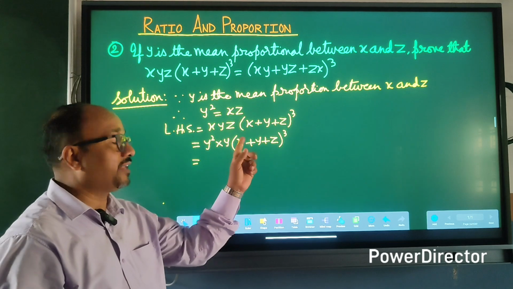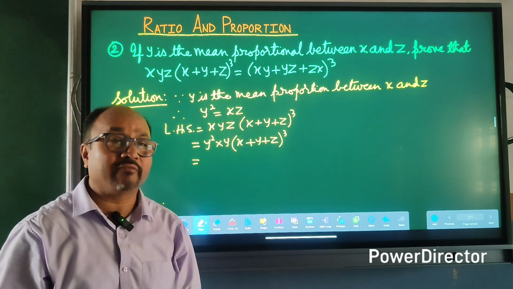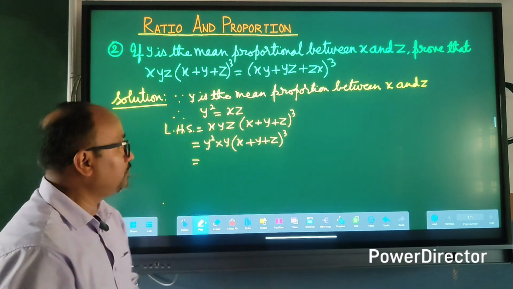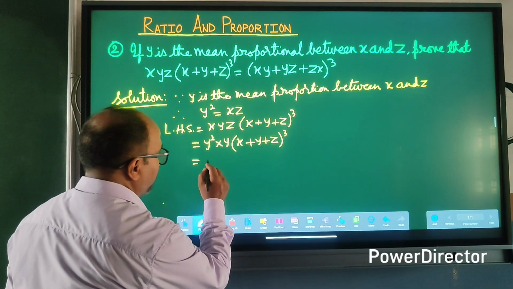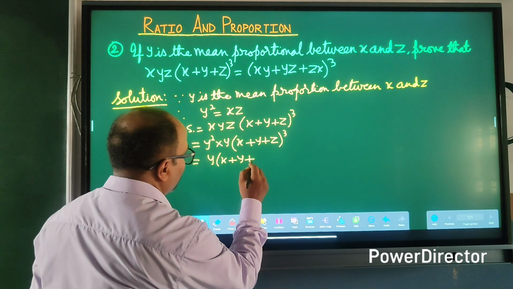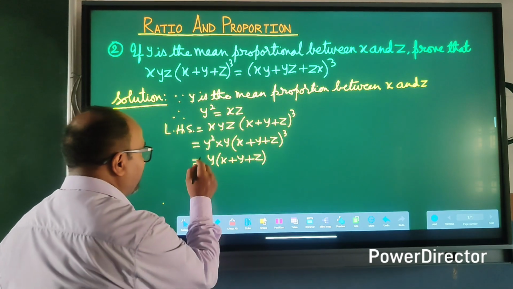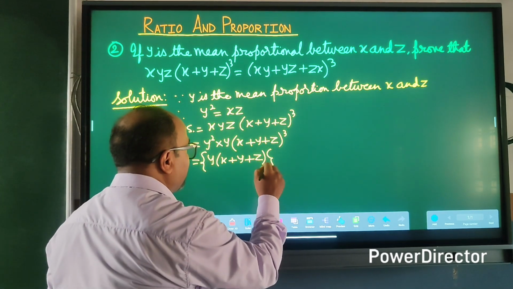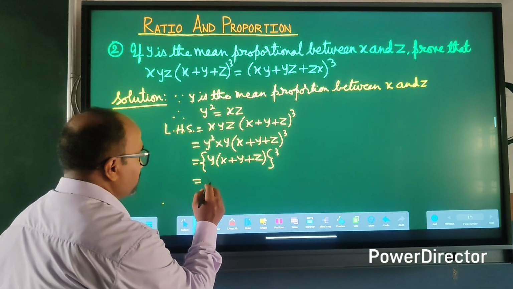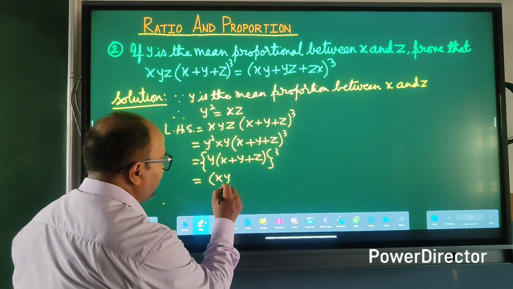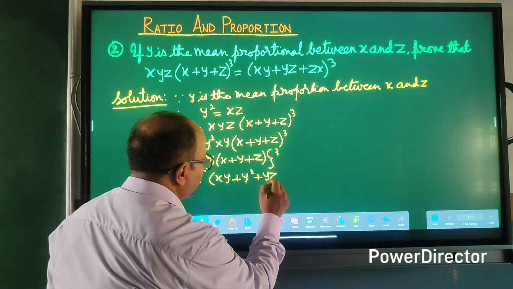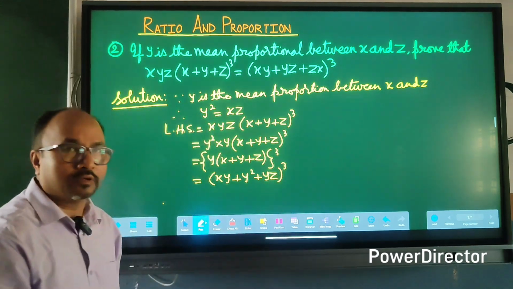So if I take it inside the bracket, which is already having a whole cube, I need to write only a y. Both are having cube, so I give another bracket and write a cube here. And so this becomes now (xy plus y square plus yz) whole cube.